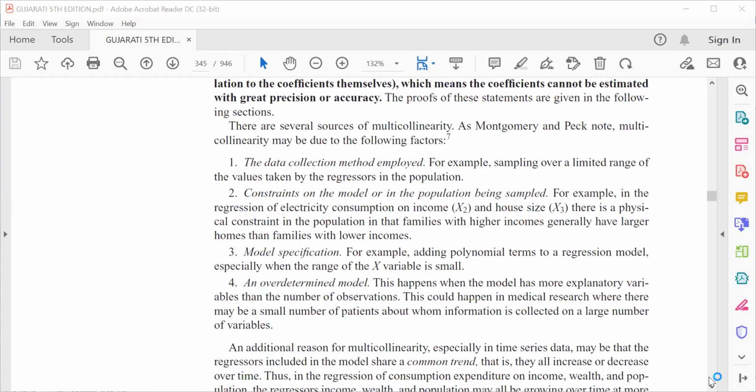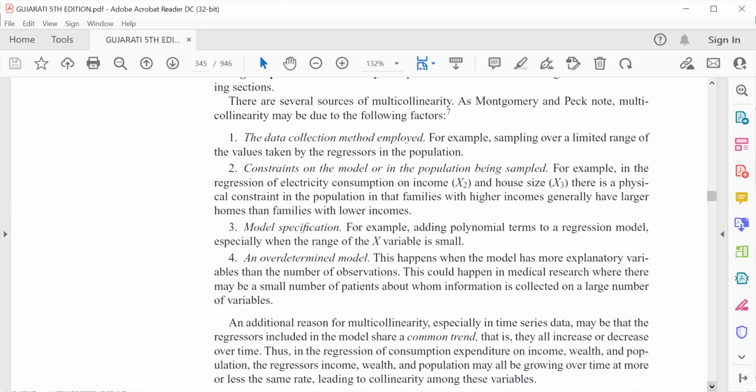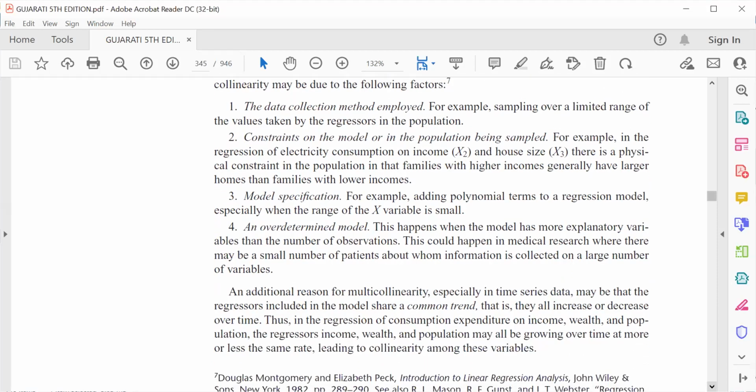Okay. And an additional reason for multicollinearity, especially in time series data, might be that the regressors included in the model share a common trend.